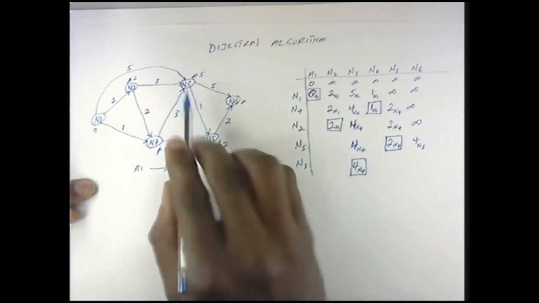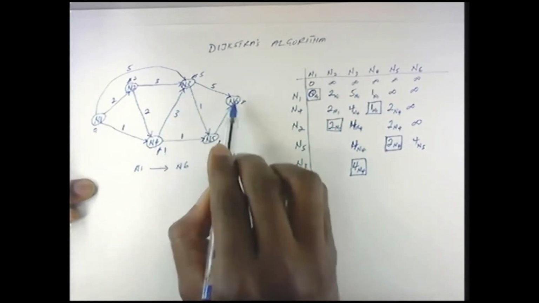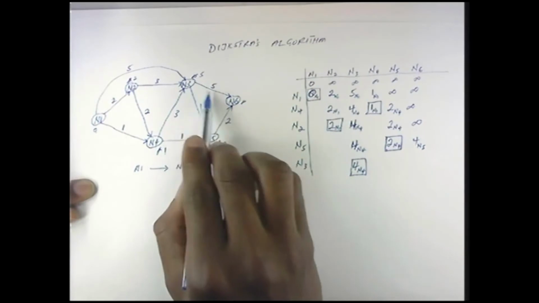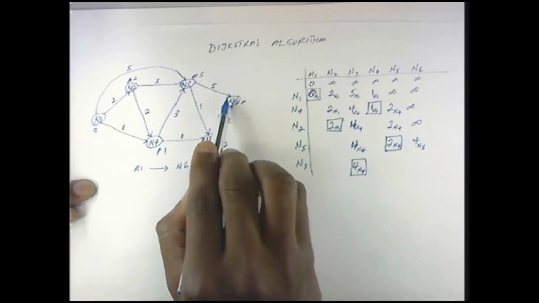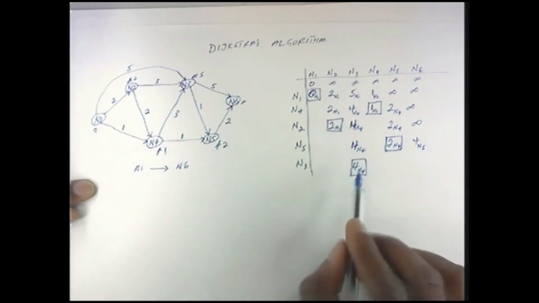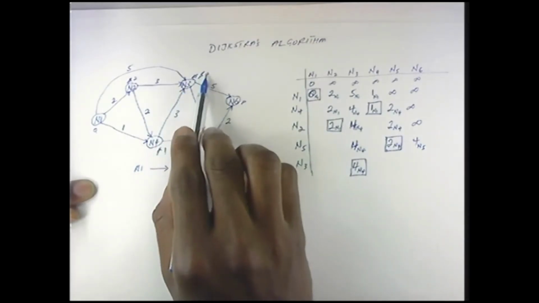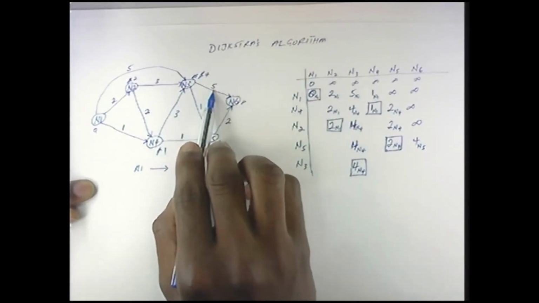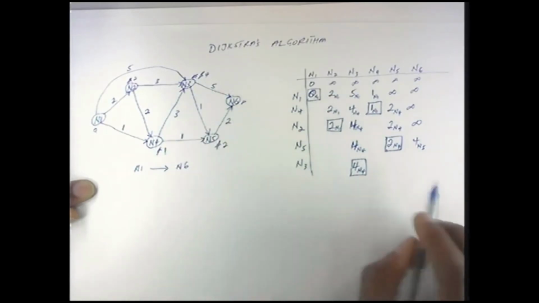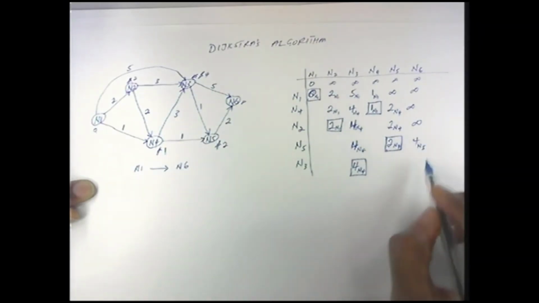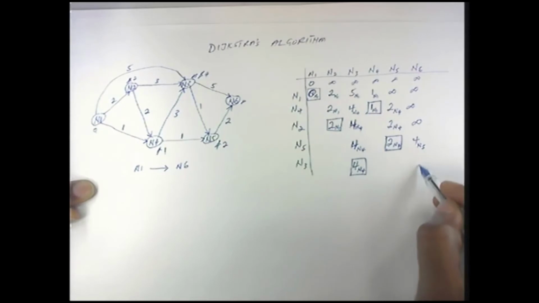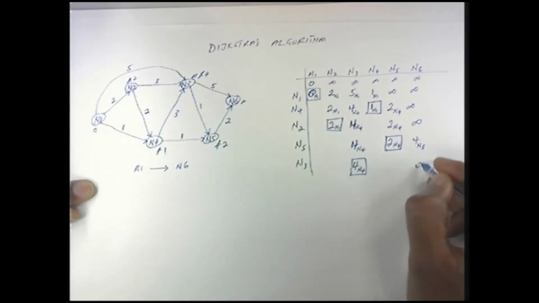So I can move from N3 to N6, and the link cost is 5. Now the cost at N3, of course we've updated this to 4. So the cost at N3 is 4. 4 plus 5 will give us a 9. And 9 compared to the 4 here will still maintain the 4.